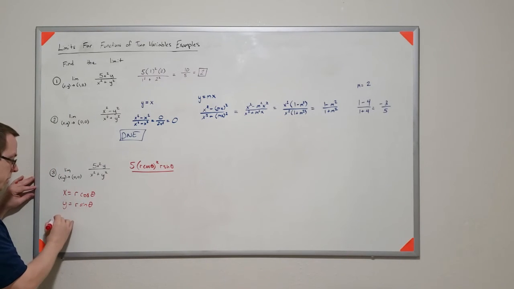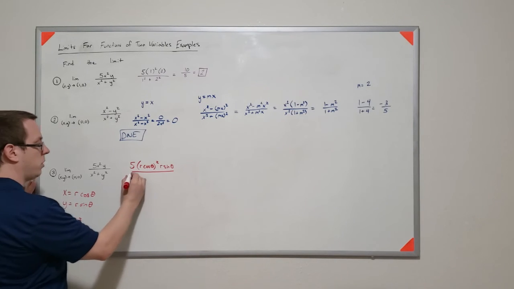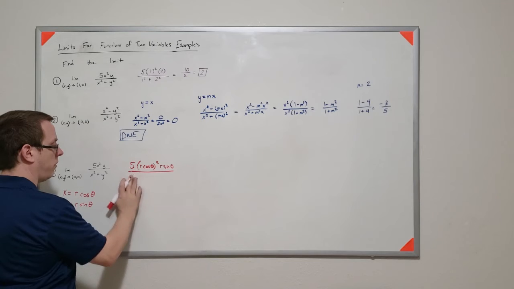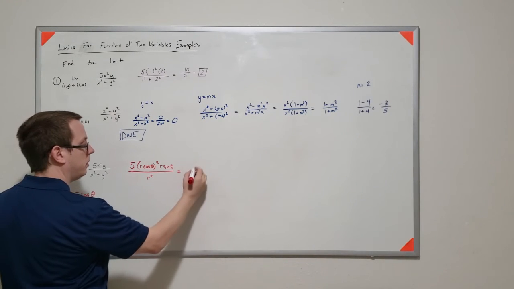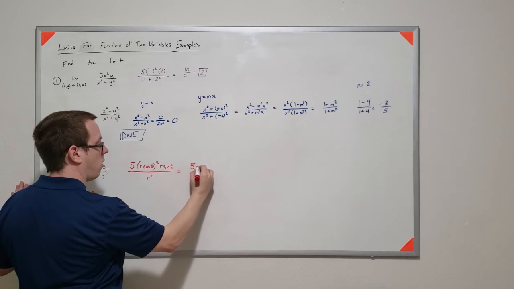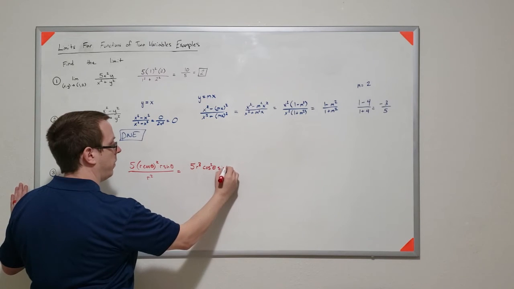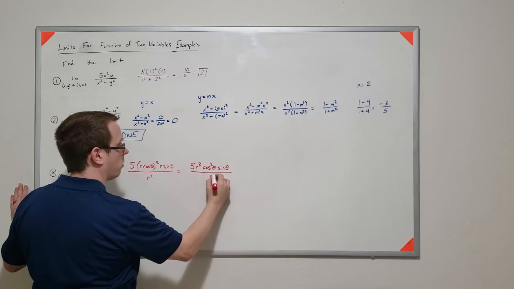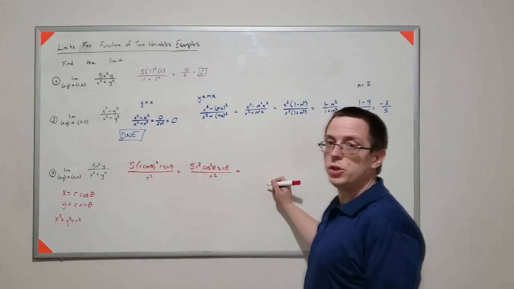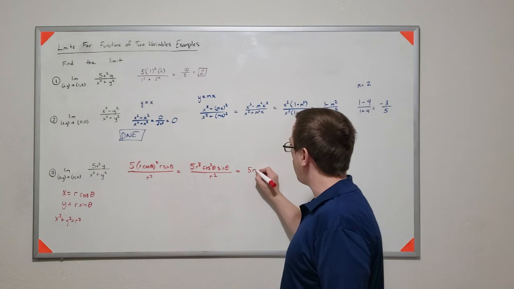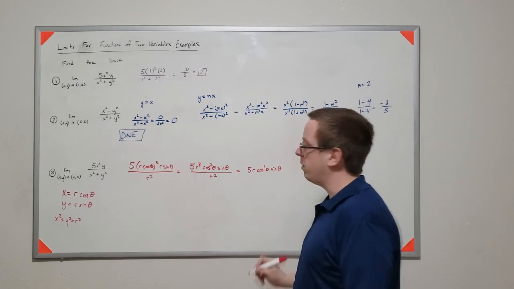Remember the relationship is that x squared plus y squared equals r squared, so you just have r squared on the bottom. Then you'd have 5r cubed cosine squared theta sine theta all over r squared, which then becomes 5r cosine squared theta sine of theta.